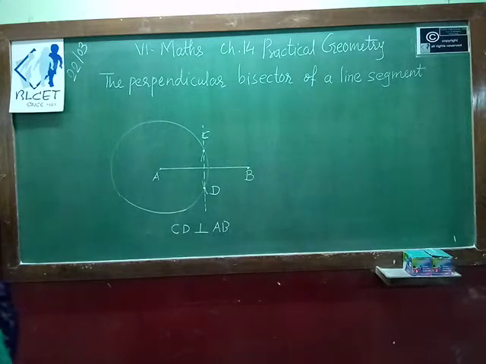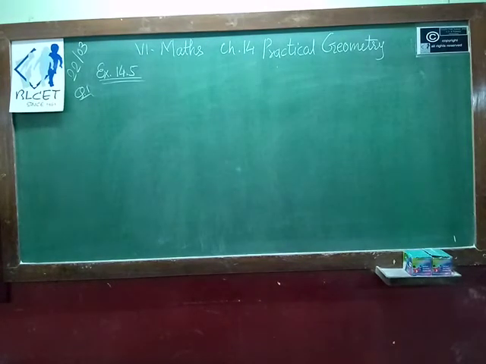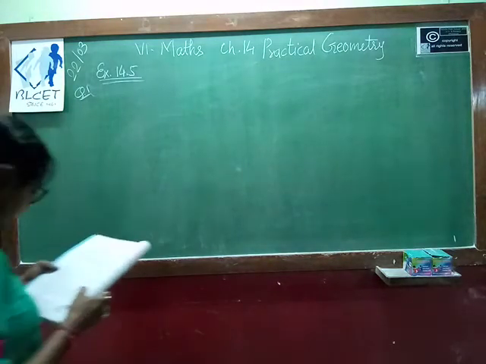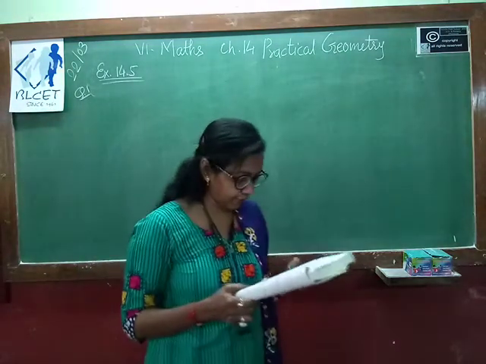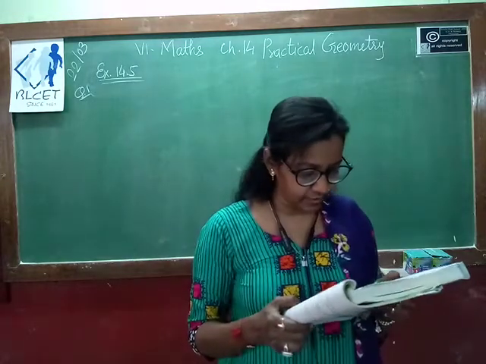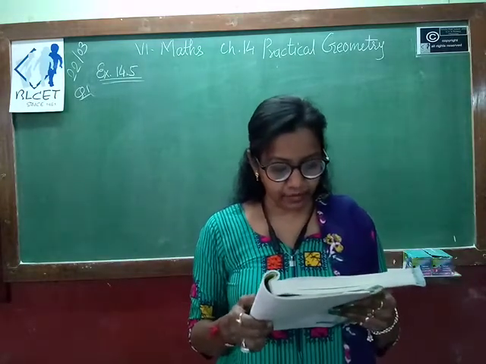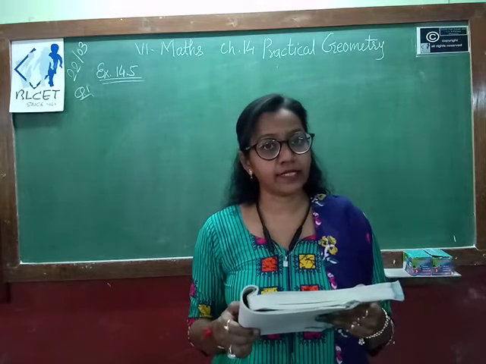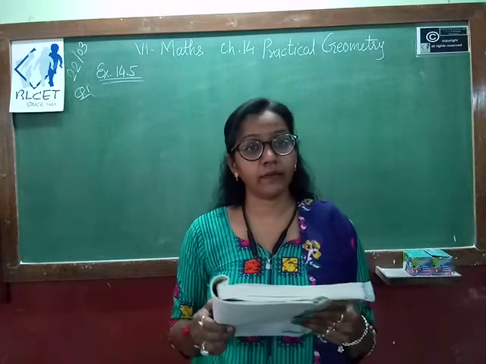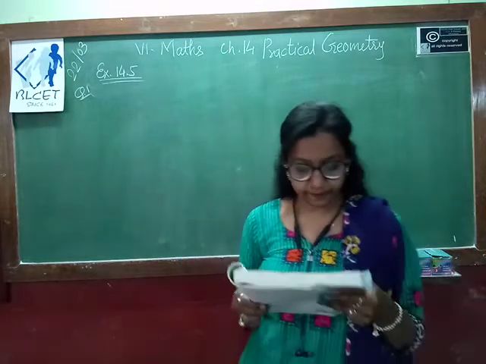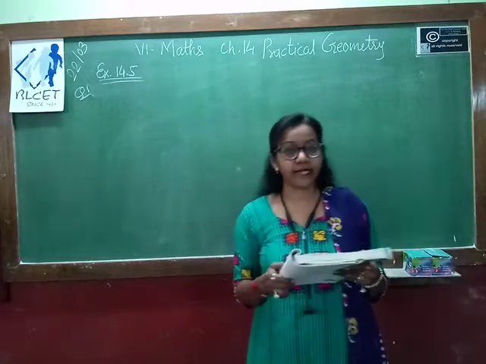Now we will see exercise 14.5. The question is, draw a line segment AB of length 7.3 cm and find its axis of symmetry. Axis of symmetry means you have to find the bisector of the given line segment AB.